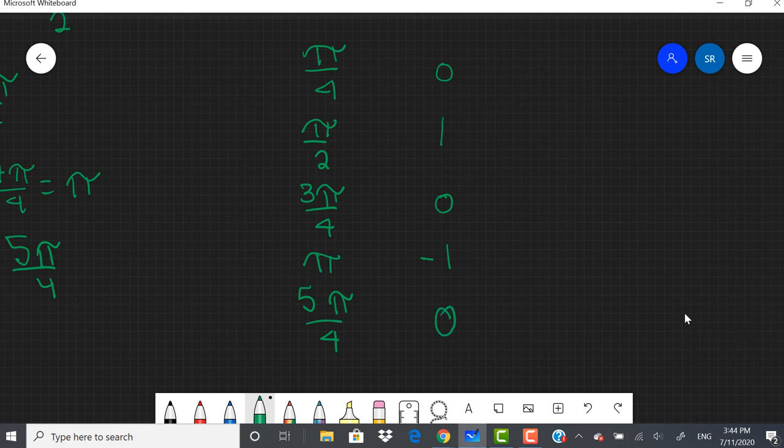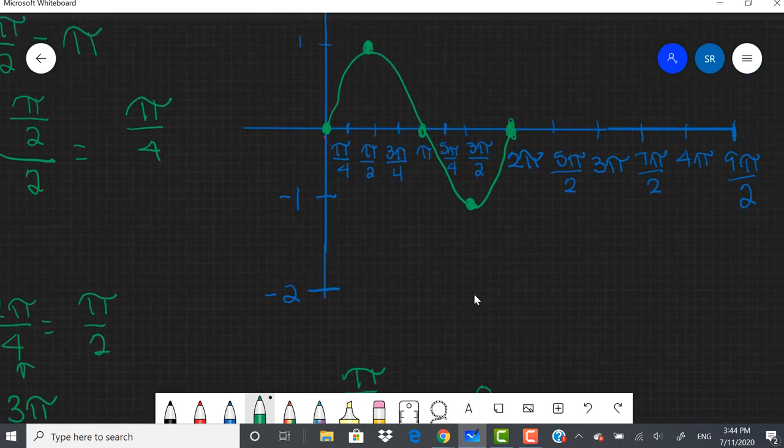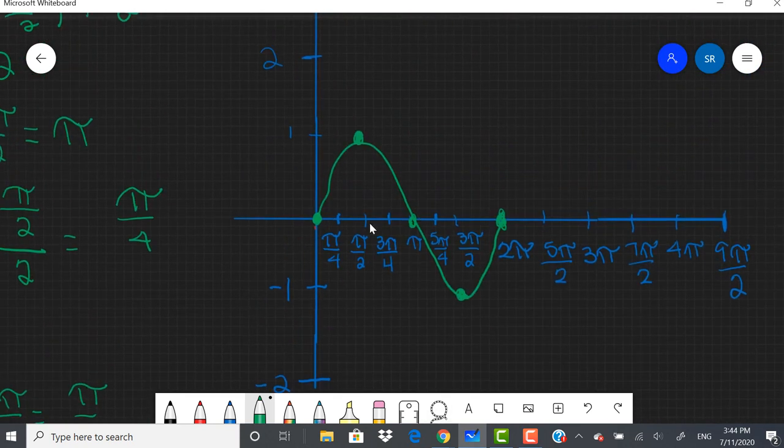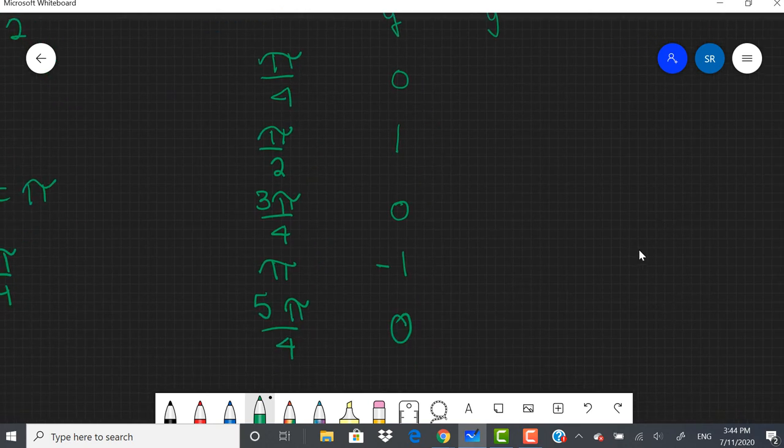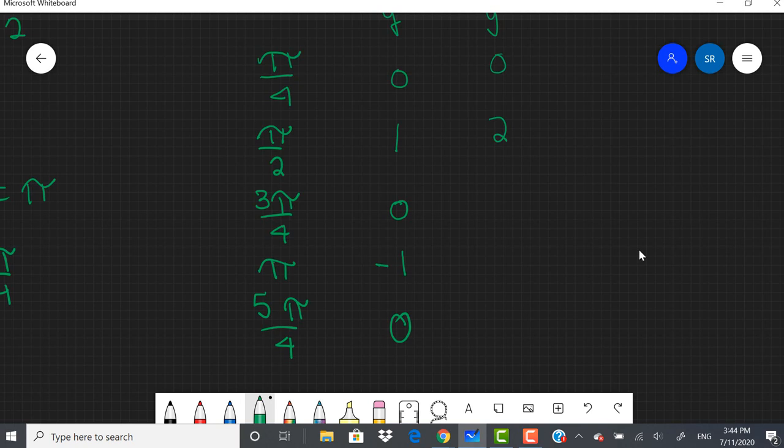But because I'm doing other things to it, like my amplitude, if you remember my amplitude, instead of going up to 1, I'm going to need to go up to 2. So we're going to go ahead and change. So this is a y value with no change. This y value is going to change when we have an amplitude of 2. So I'm just going to multiply each of these answers, 0, 1, by 2. So we know how high we have to go here.